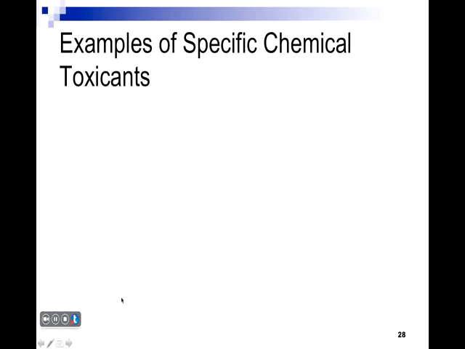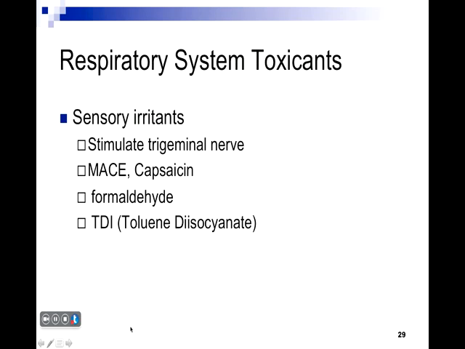Now, the last part of this toxicology, before getting into some medical and biomedical monitoring, is examples of specific toxicants. I just want to go through a couple of systems and tell about some typical toxicants that may occur and affect these systems. We'll start with the respiratory system.